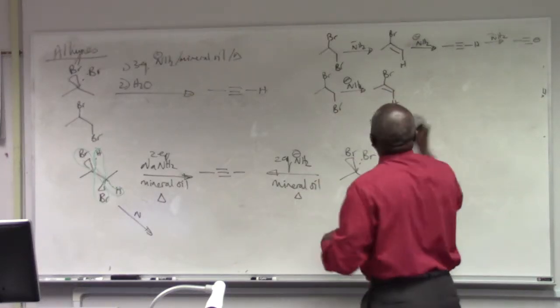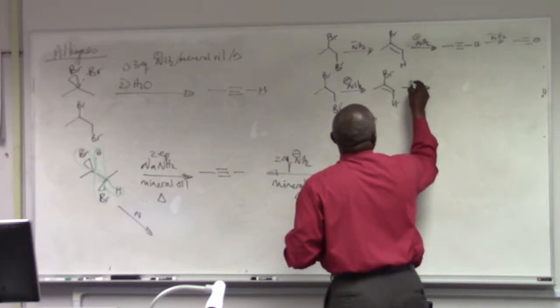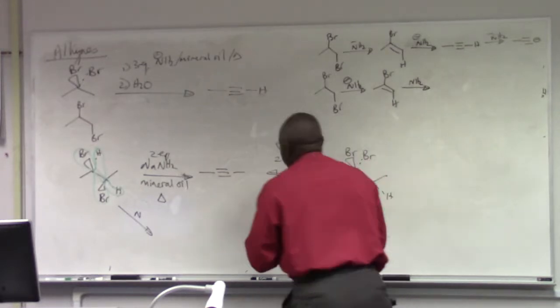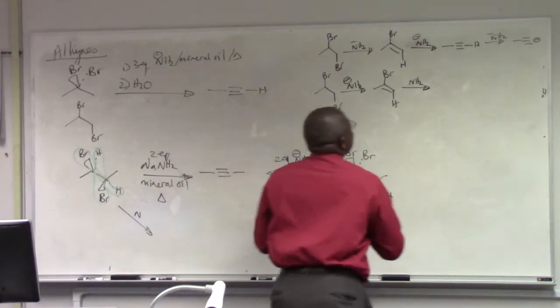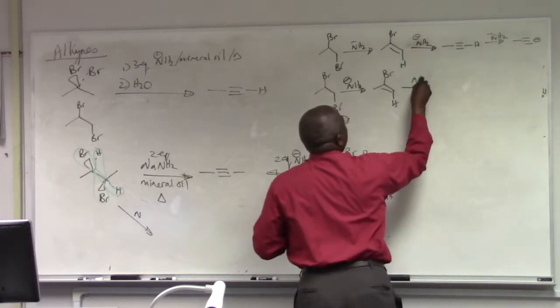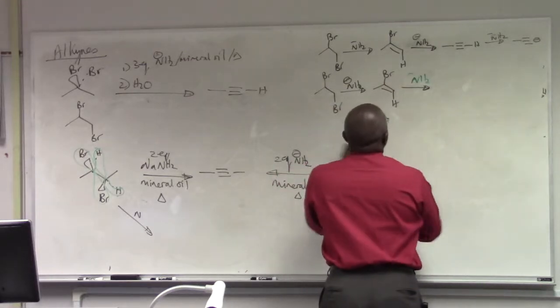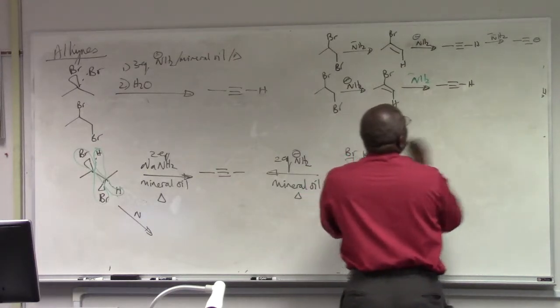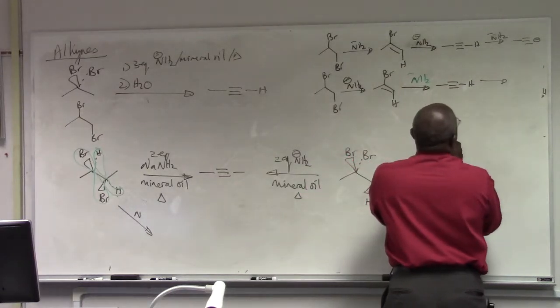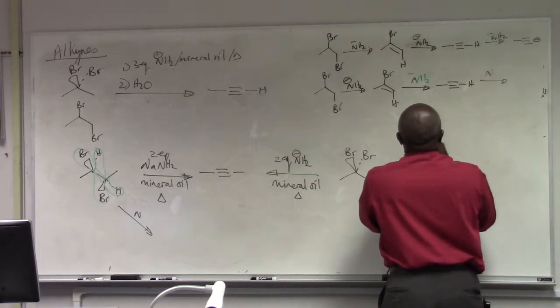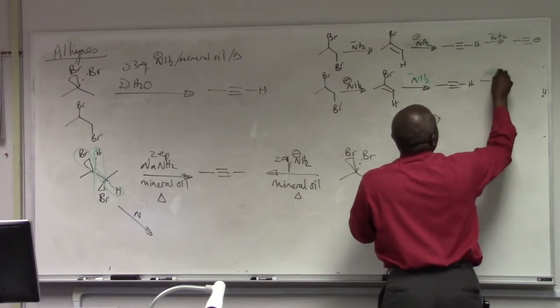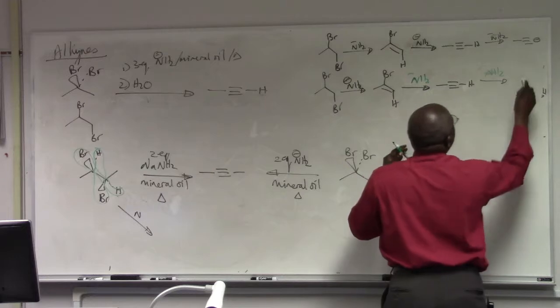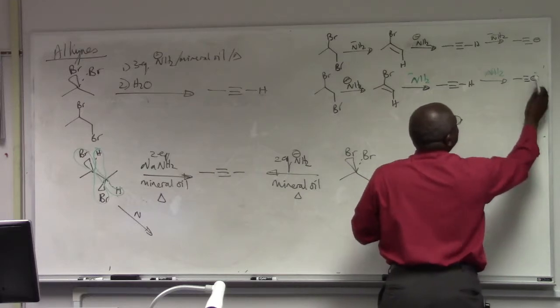So what do I do? I'm going to add another NH2 minus. This is extra, so I'm going to write the extra ones in green. This is an extra one, which will give rise to the terminal alkyne. And then I'm going to drive that all the way with another NH2 minus. So I have a common product, which is the acetylide.